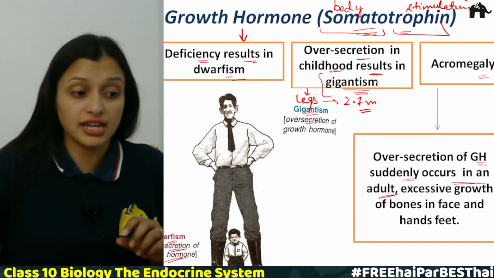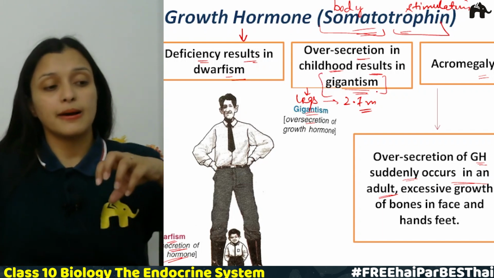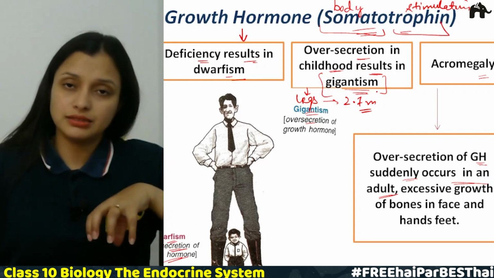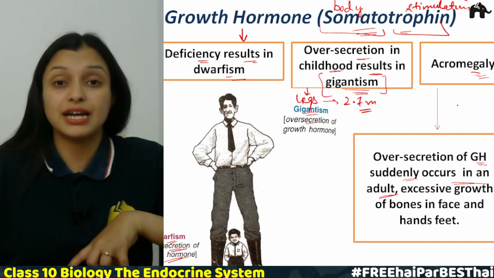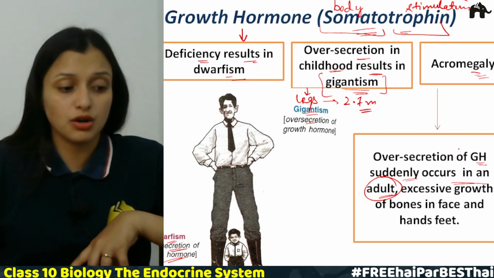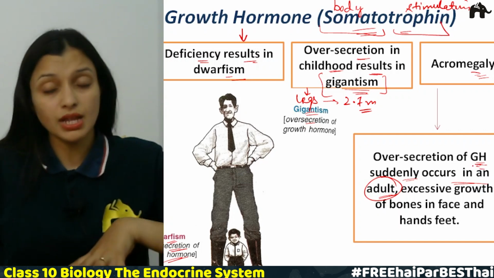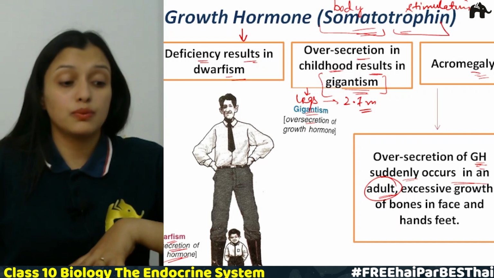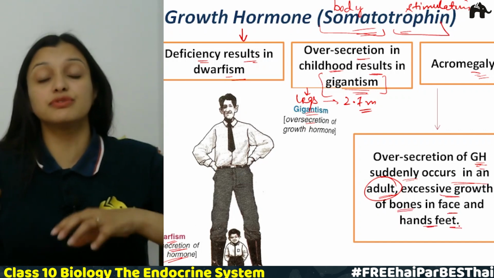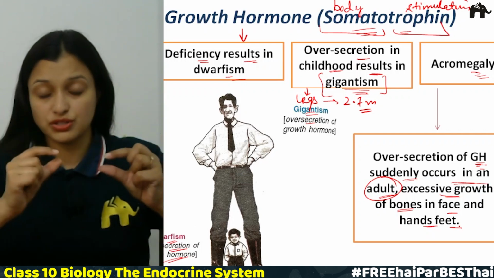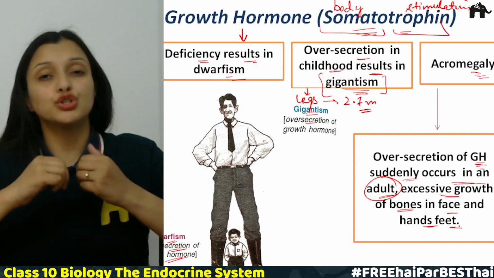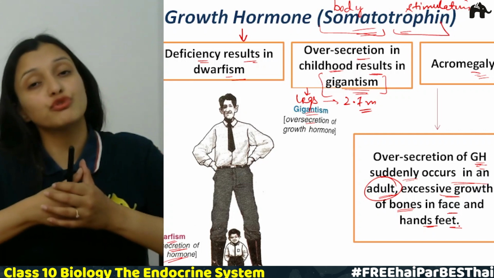Gigantism is over secretion of growth hormone in childhood, but acromegaly happens in adults, where there is sudden over secretion of growth hormone in certain individuals, with excessive growth of bones in the face, hands and feet, and even the lips get enlarged too much, right? So these are the 3 different situations that happen due to deficiency or over secretion of growth hormone.